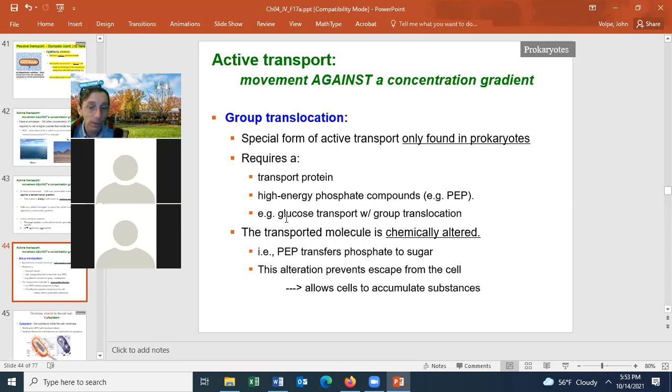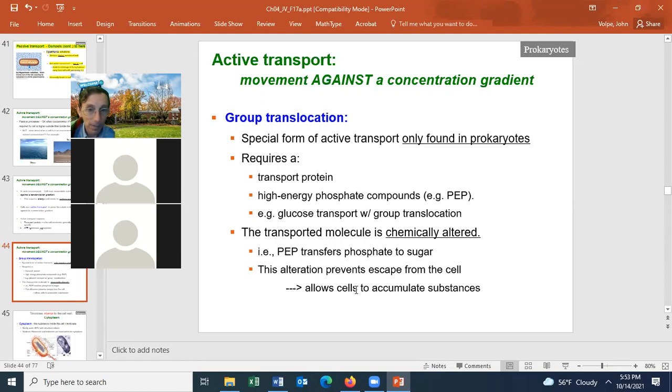And when that molecule is transported, the molecule doing the transport chemically alters that molecule, and that helps that molecule move into the cell and allows the cell to easily accumulate that substance.